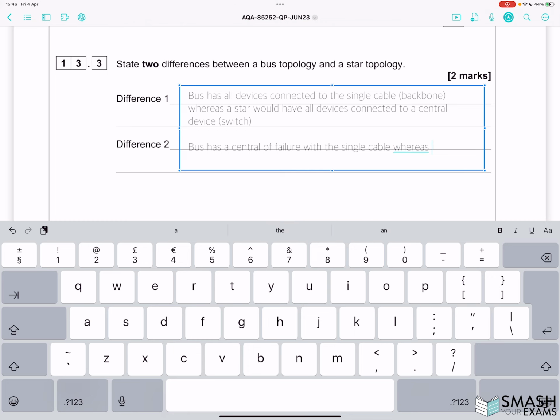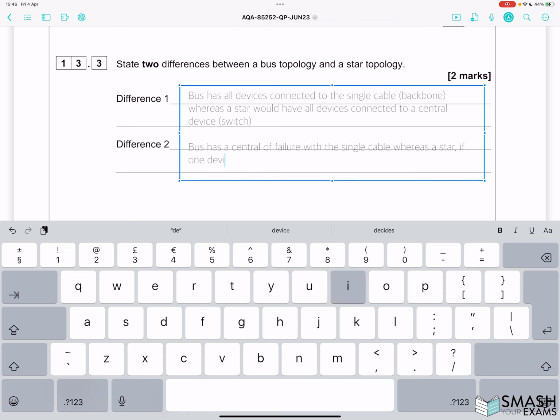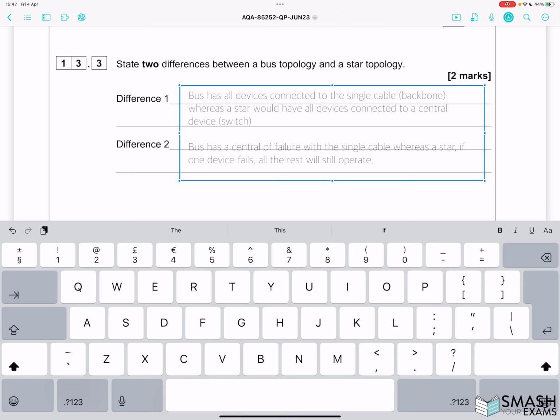So with a star, if one device fails, all the rest will still operate. Of course, that doesn't quite apply to the switch, but in general, the likelihood of the switch going down is very low. A single device going down is much higher. So there's lots of different things. There's lots of other things we could go with if you weren't as confident in one of your answers.